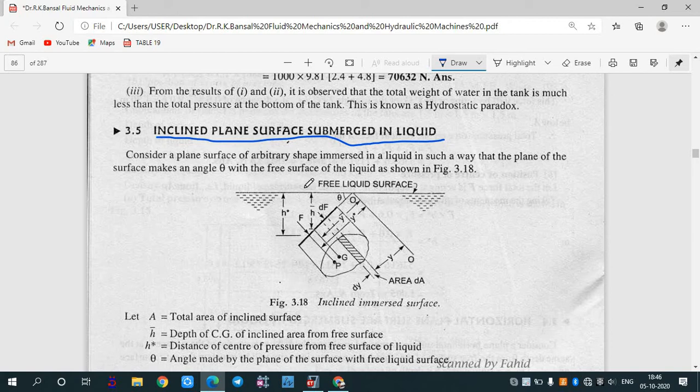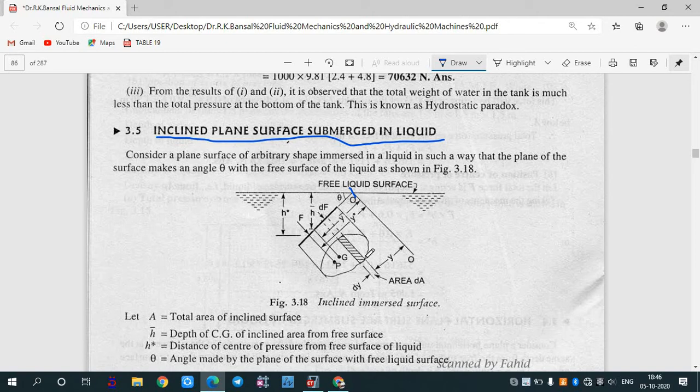Since it has been inclined, we need to consider all these values also. Where the center of gravity is acting, we are considering a line or an axis, point O. From this axis, the center of gravity point is at a distance of y bar, and similarly the center of pressure is at a distance of y star.